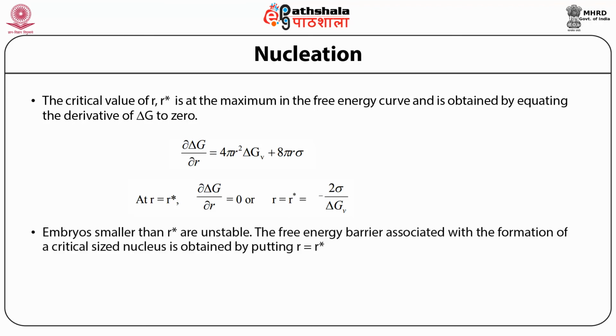So the embryos smaller than r' are unstable, and the free energy barrier associated with the formation of a critical size nucleus is obtained by putting r equal to r'. So delta G' is equal to 16 pi sigma cubed divided by 3 delta G_V squared.